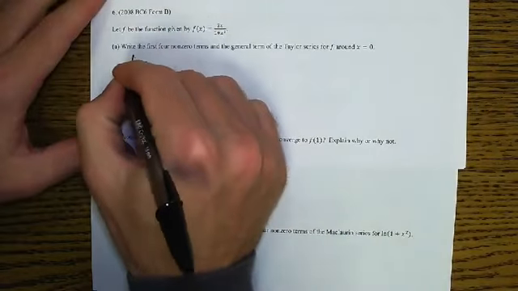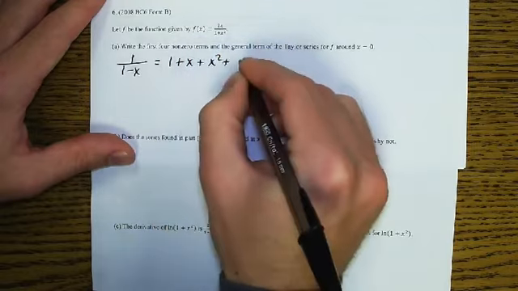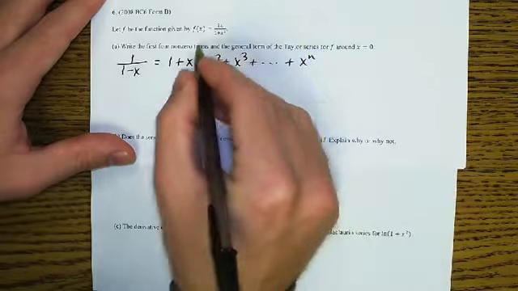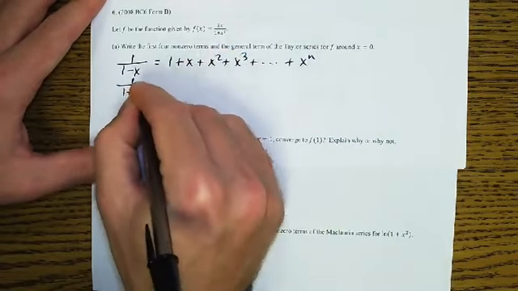So 1 over 1 minus x is equal to 1 plus x plus x squared plus x to the 3 all the way up to the general term x to the n, meaning that for 1 over 1 plus x squared, I'm going to replace x with negative x squared.